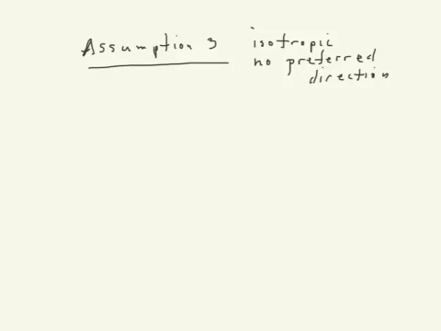Okay, our next assumption is going to be that the system is isotropic, which means that there's no preferred direction.